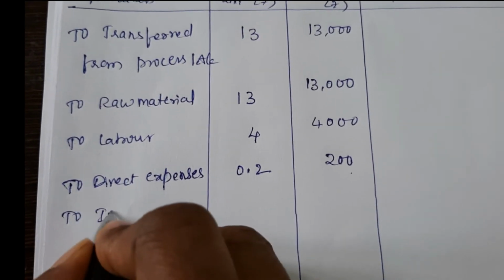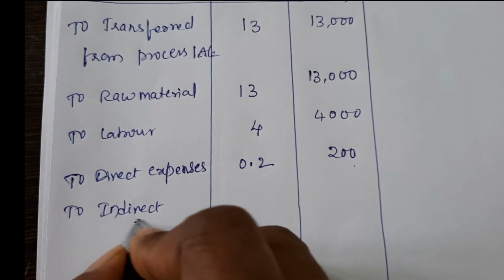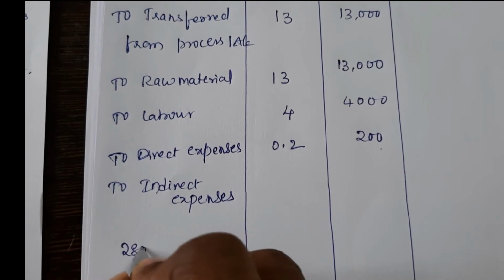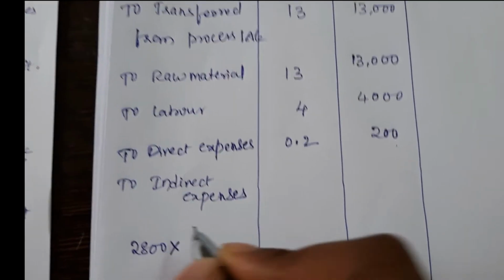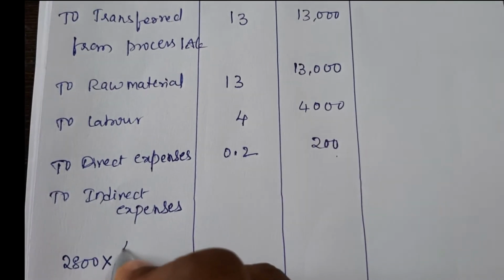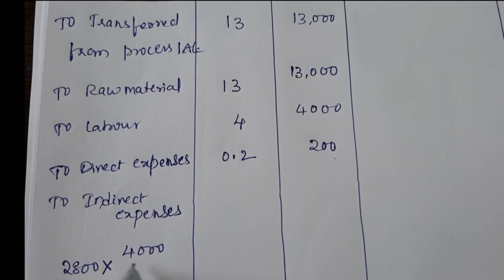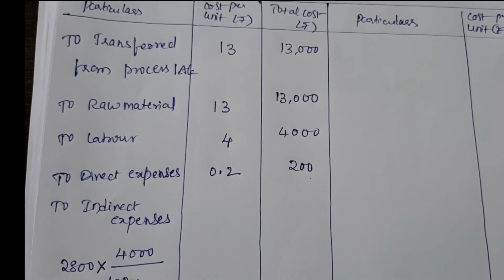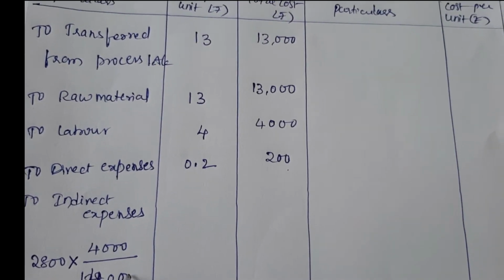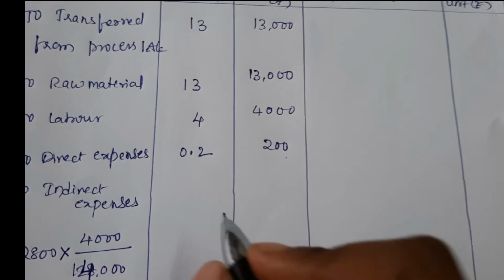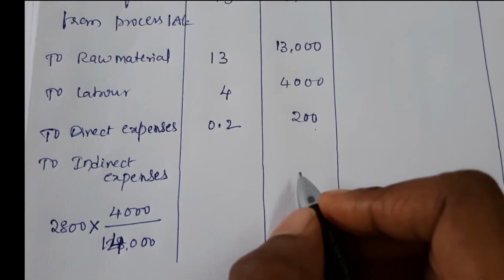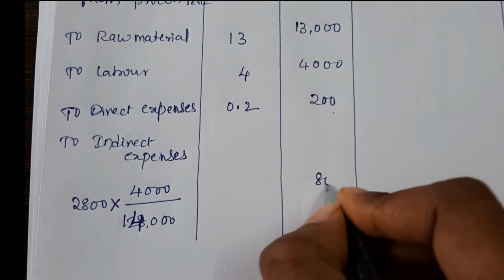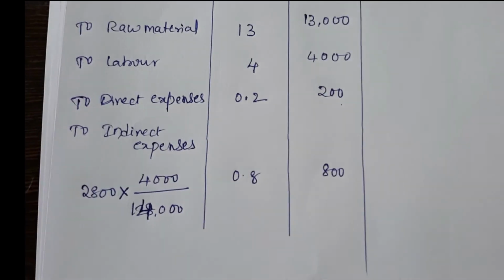And finally, indirect expenses. Total indirect expenses are 2800, and this process's labor cost is 4000 divided by total labor cost of 14,000. Therefore it will become 800, and per unit will become 0.8.